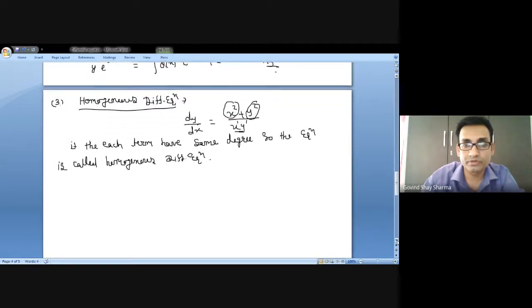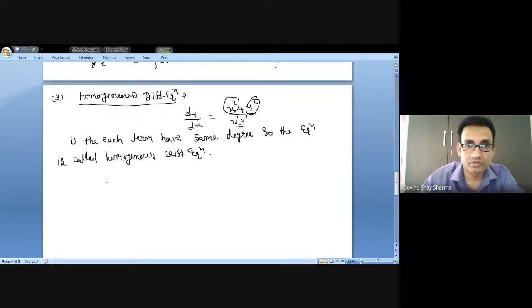how to solve it? We replace, or we can assume, y is equal to vx. Here v is also a variable. Then dy upon dx becomes v plus x dv upon dx.